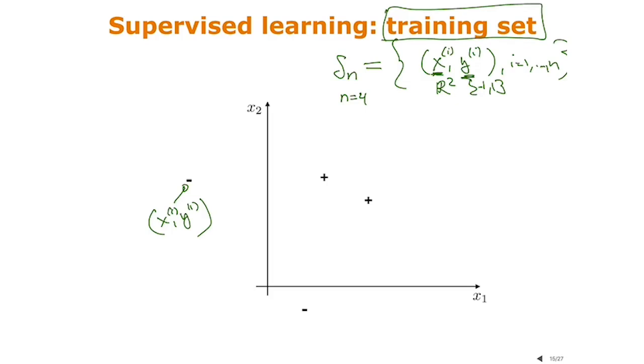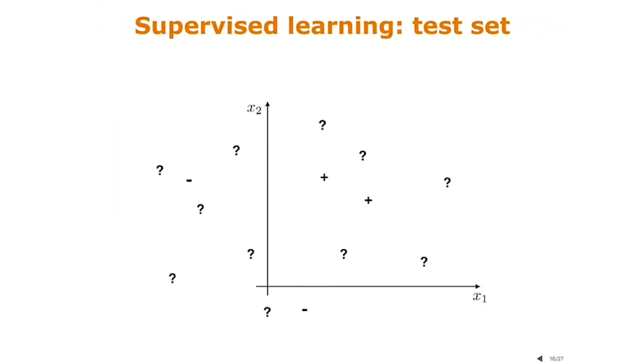Now, this is all the information that's provided to the learning algorithm. But the task that I would really wish to solve is the one that corresponds to the test examples. So each example here is also a pair of a vector, feature vector, associated with the label.